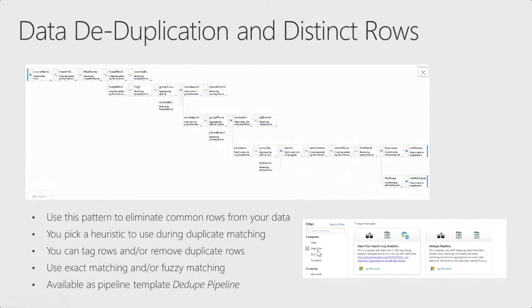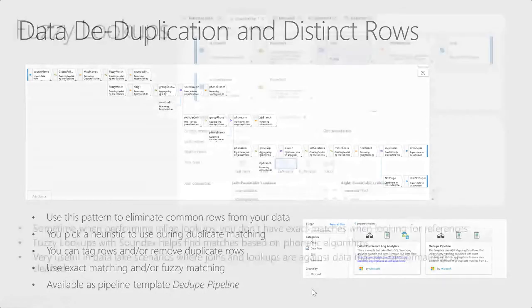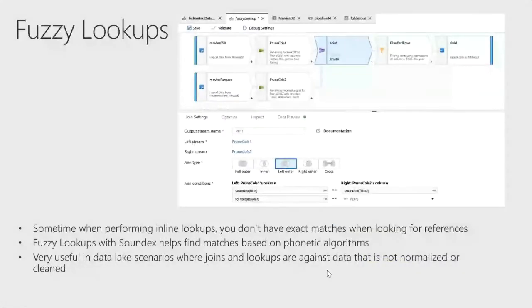And inside the Dataflow category are these patterns I'm going to show you today. So there's the dedupe pipeline. I just realized I didn't put the distinct rows pattern out there yet. I'll do that after this call. Actually, I probably won't get to it until later in the week, but I promise to do it.